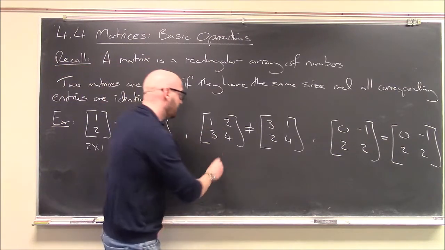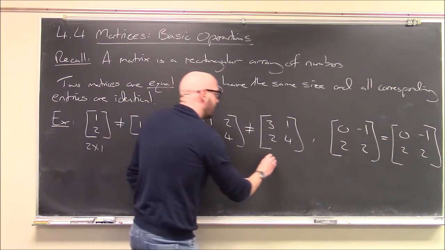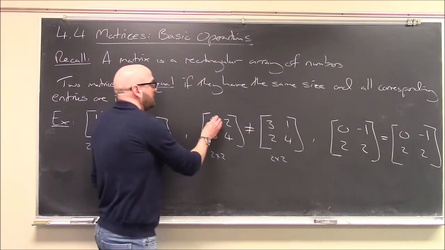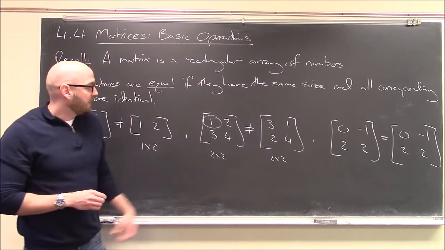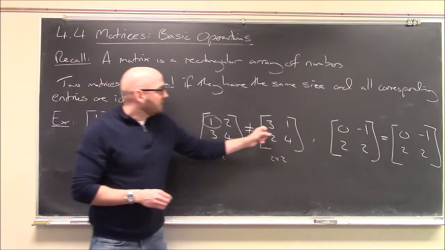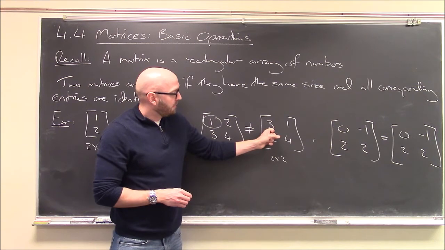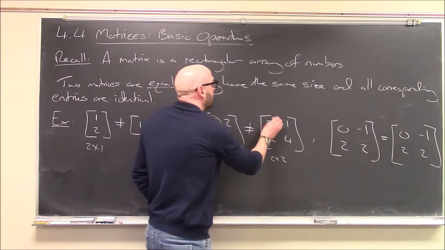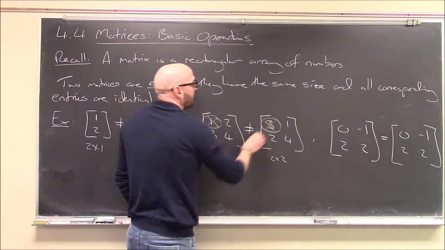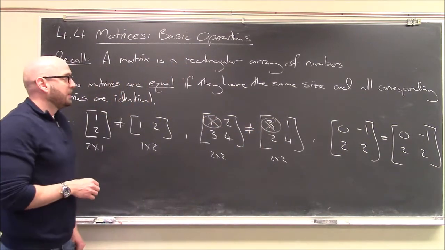These next two matrices, they're both the same size, they're both 2 by 2, but if you look at the corresponding entries, they fail right away. The first entry in the 1, 1 position, row 1, column 1, is a 1. In the other matrix, the first entry, row 1, column 1, is a 3. And those are not the same entry, therefore they're not the same matrix.